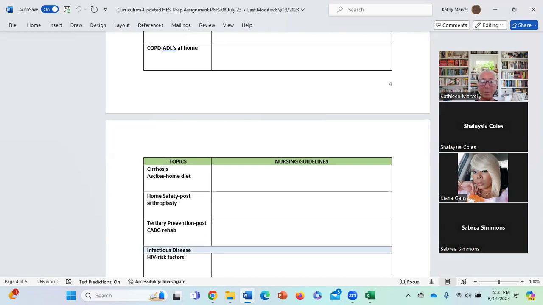And now you're caring for a patient who's post-CABG, right? Tertiary prevention. What are some tertiary preventions post-CABG? Well, it's tertiary; they've already had the surgery, they've already had the CABG, right? So what are we doing for them?